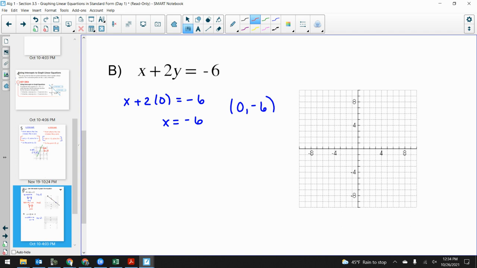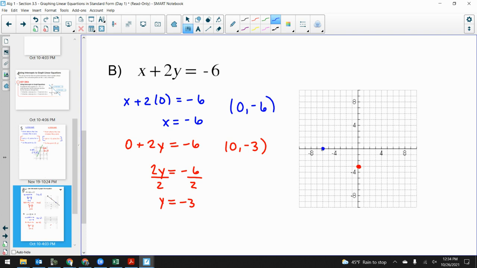On the flip side to that, I say 0 plus 2y is negative 6. Well, again, 0 plus 2y is just 2y. I divide by 2, y is negative 3. So this is 0, comma, negative 3, which is right there.